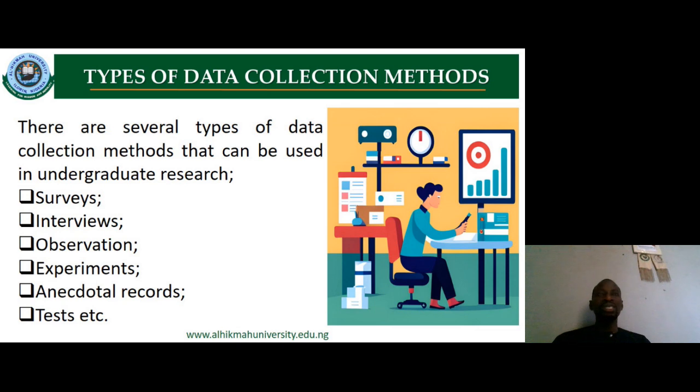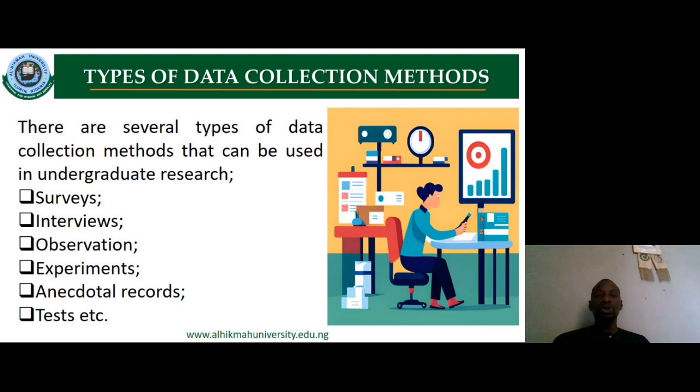You can also use interview, where you either do one-on-one interview, you do group discussion, you record your interview, whether structured or semi-structured, then you will transcribe it and you use the information that you get from there thematically or conceptually to provide evidence that will be used to answer your research question and hypothesis.